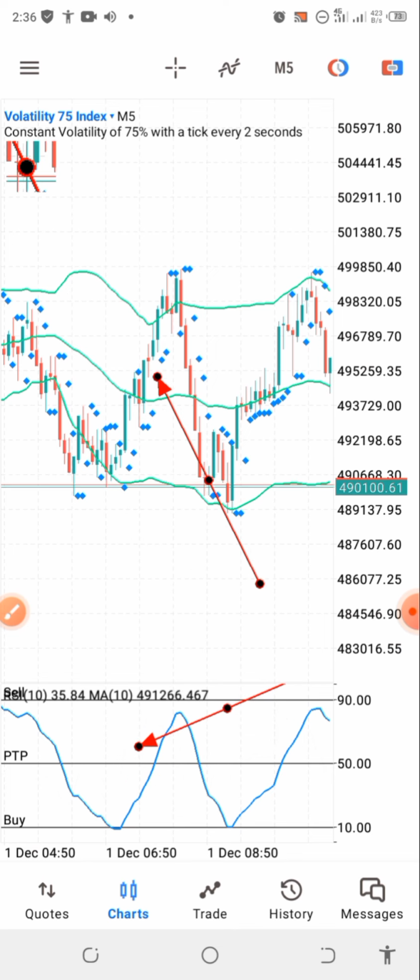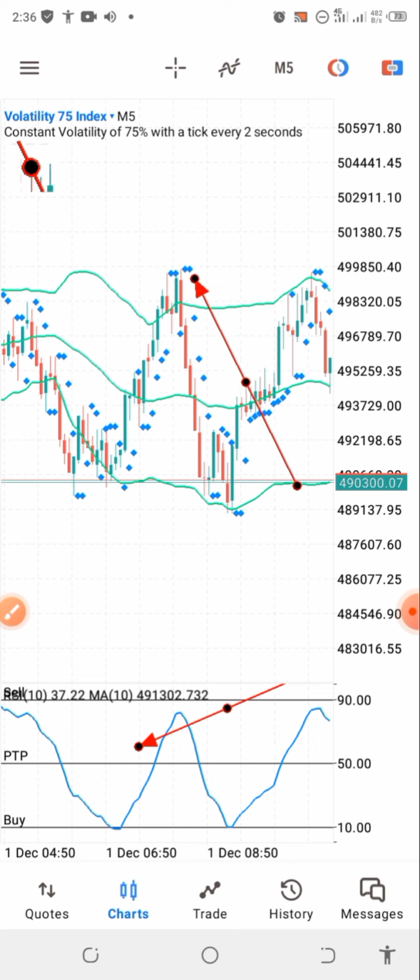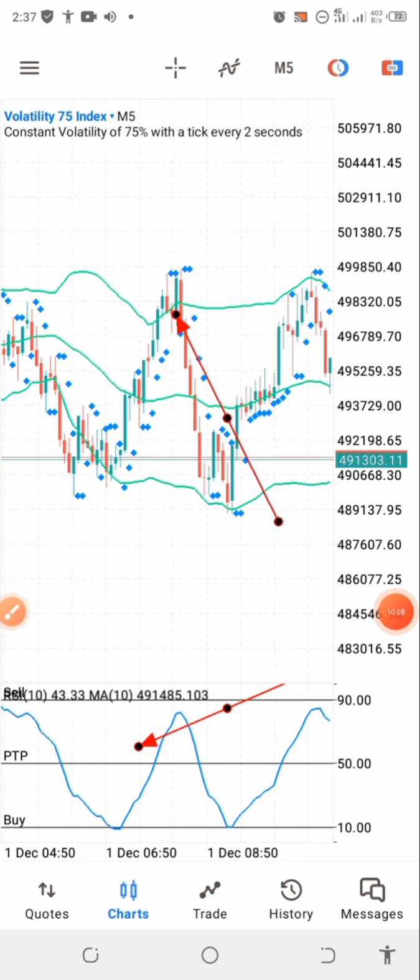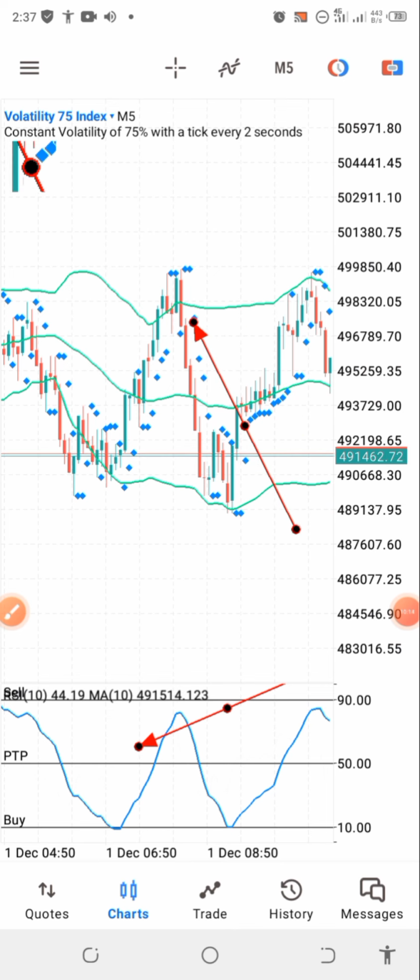Now for a sell trade, this is what we want to see. You want to see the parabolic SAR start moving above the price.